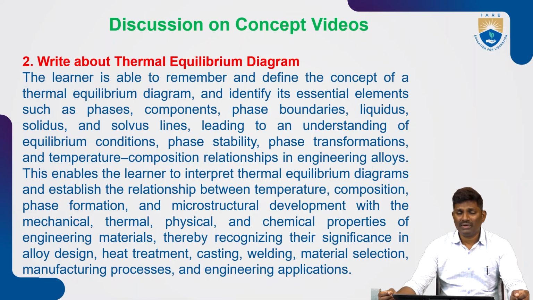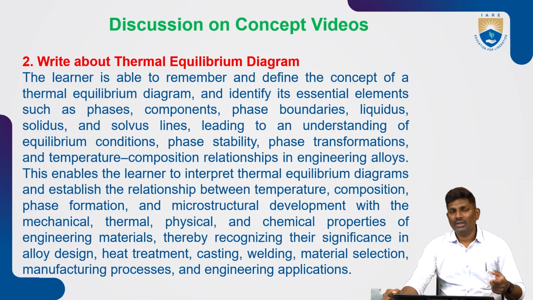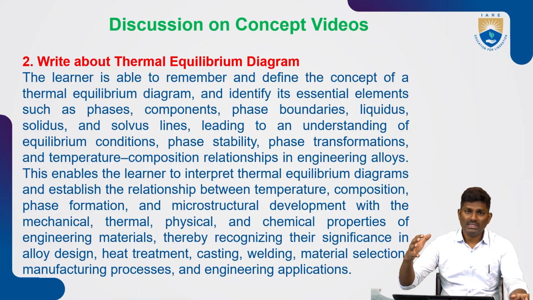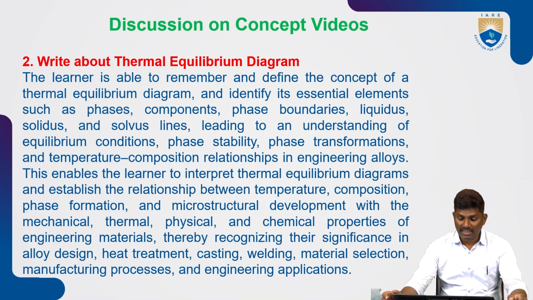So what are the things we have discussed in the previous sessions? All these things the student has to understand and recollect in order to put together the answer to this given question. So for this, it enables the learner to interpret thermal equilibrium diagrams. Once he tries to remember all these things, this will enable the learner to interpret the equilibrium diagrams and establish the relation between the temperature, composition, phase formations, and microstructural development with the phase diagrams.